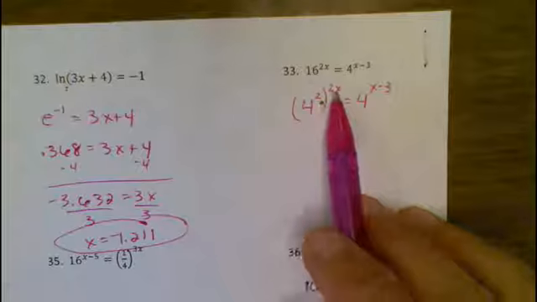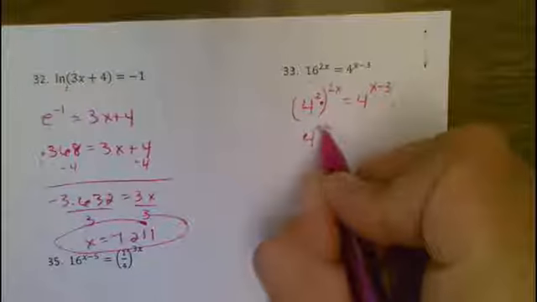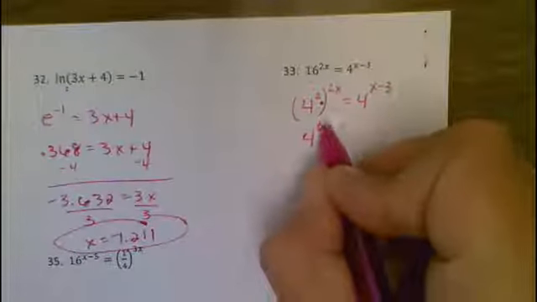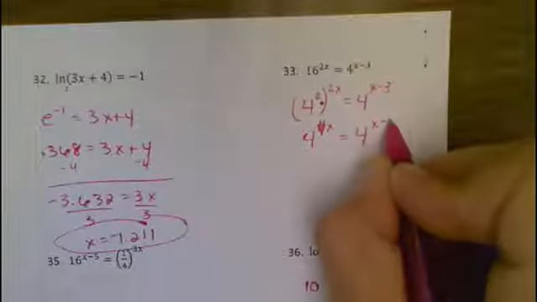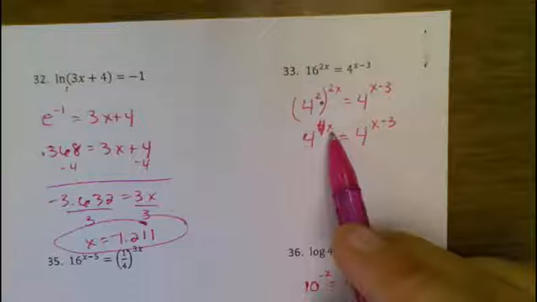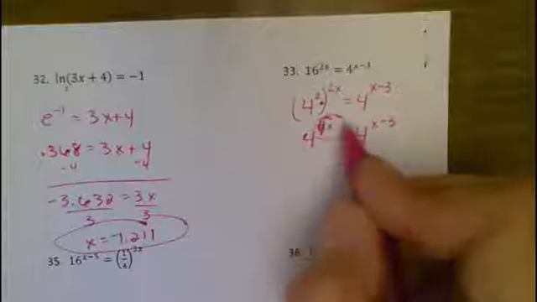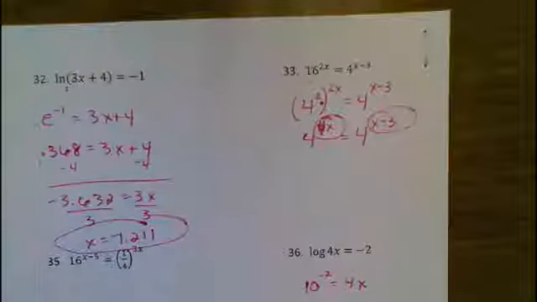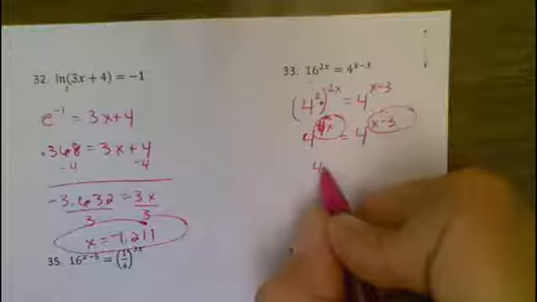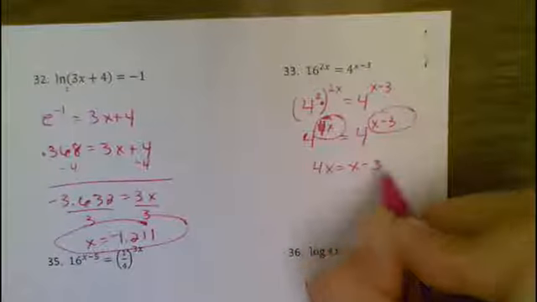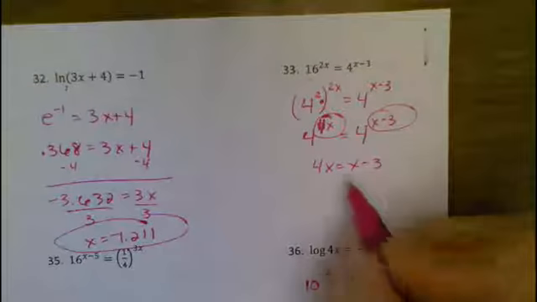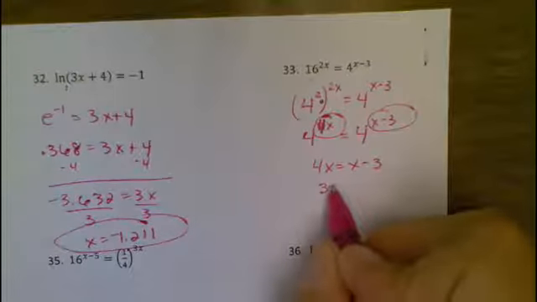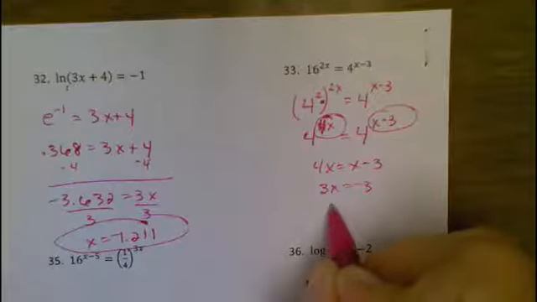Now if I have a power to a power, I multiply those exponents. So 2x times 2 is 4x. And now if 4 to the 4x equals 4 to the x minus 3, I know 4x has to equal x minus 3. So you have to get the bases the same, then you can set the exponents equal. And again, what would I do? I'd subtract x on each side, and I'd divide by 3.